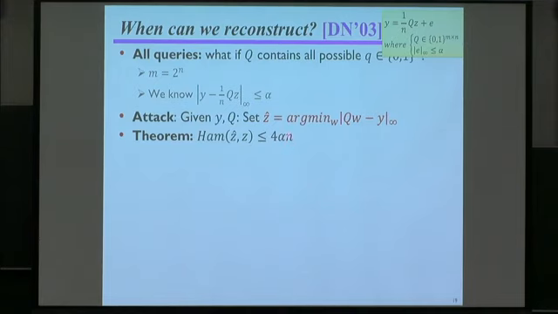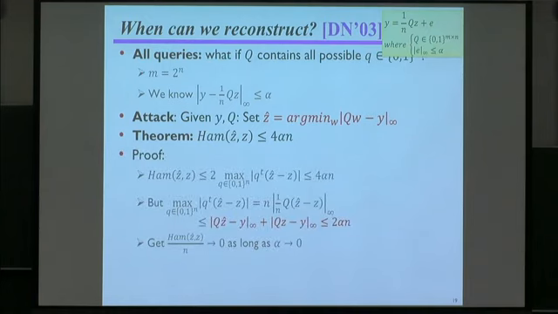And so as long as alpha is less than a quarter, then I'm starting to reconstruct entries of Z. And as soon as alpha becomes less than an eighth, I'm reconstructing a majority of the entries of Z. And if alpha is less than 1 in 20 or something, then I'm basically reconstructing all of Z. Okay, and the argument for why isn't very complicated.